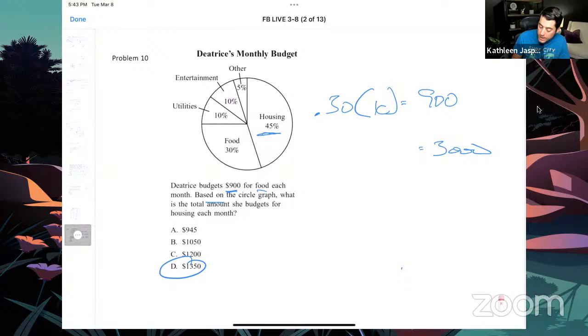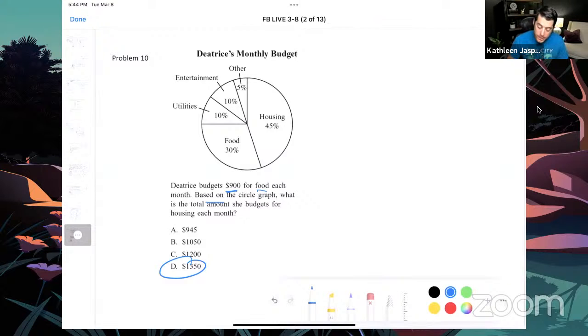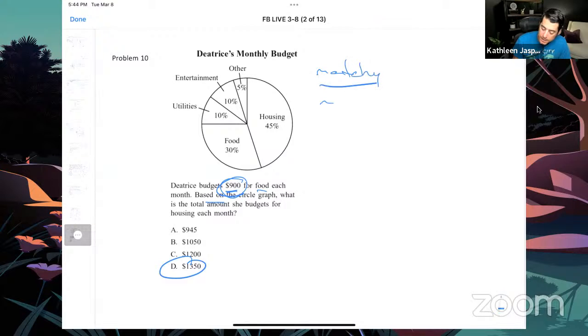You'll learn, if you haven't already, proportions are really going to help you out in these math tests. So they give us these percentages in the chart, and then they're giving us a dollar value. So we have something that we do, it's called matchy, where you set up your proportion according to what matches on the top and what matches on the bottom.